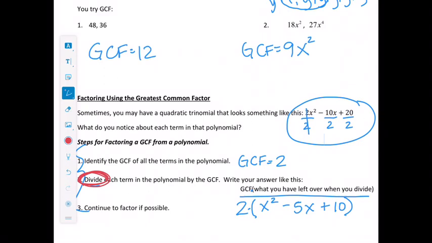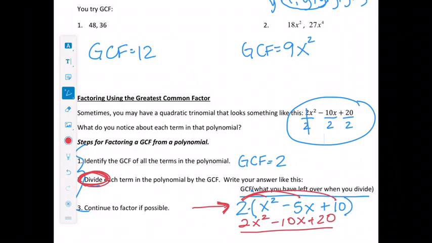We've gone through that. If I were to take this right here and tell you to multiply, you should think distributive property in your head. You can distribute this 2 into the parentheses. So 2 times x squared is 2x squared, 2 times negative 5x is negative 10x, 2 times 10 is plus 20. What do you notice?